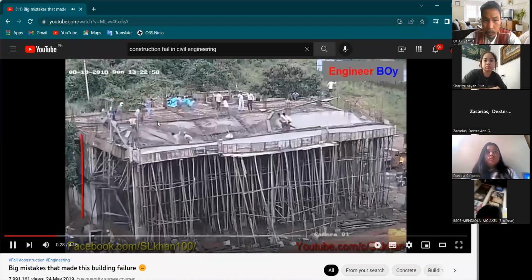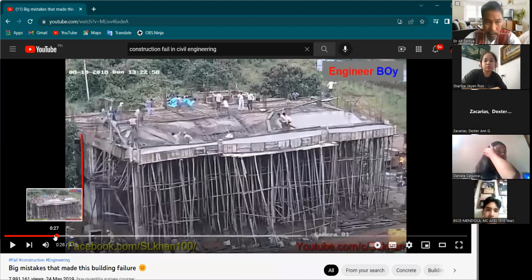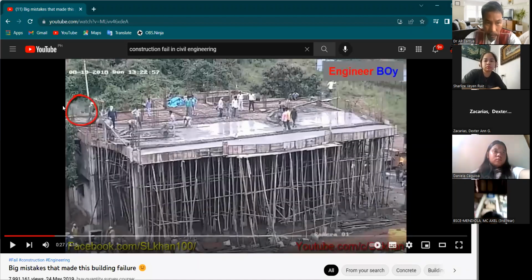Okay, so wheelbarrow. Did you notice that the wheelbarrow comes in? We have the red circle here. Manual carrying using wheelbarrow of the concrete mixture. So take note of the red circle there.